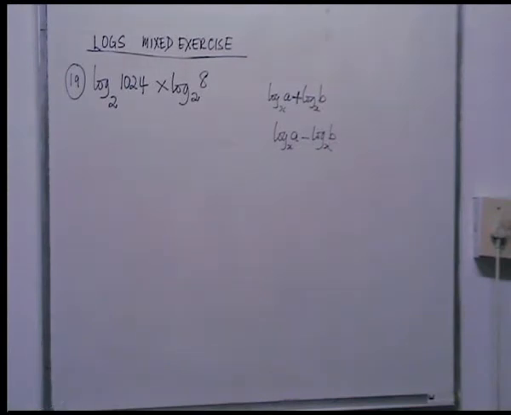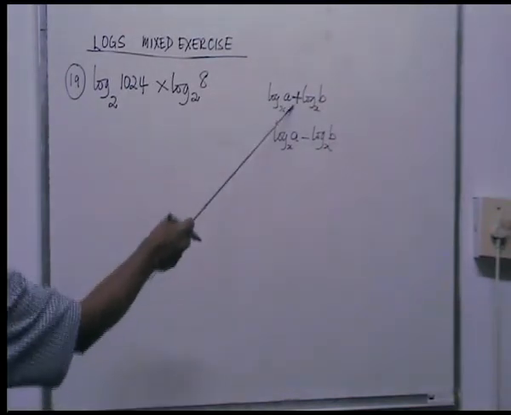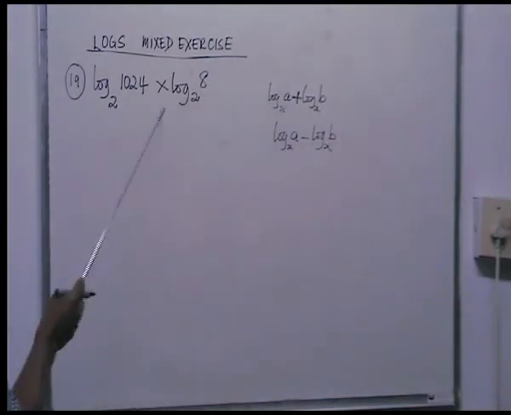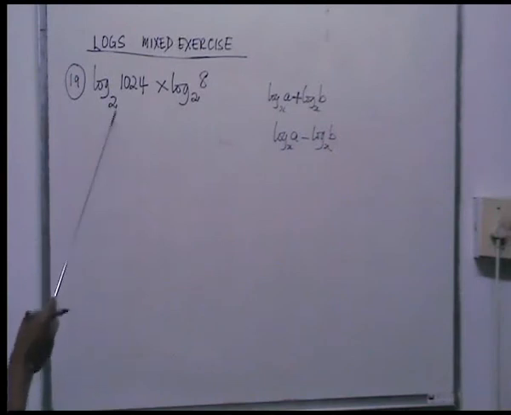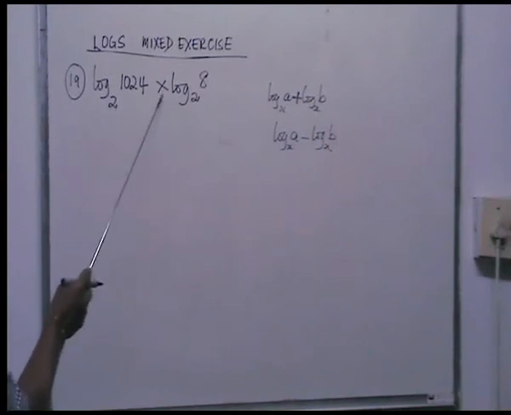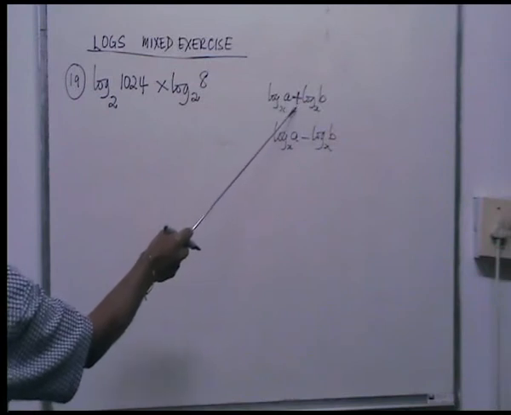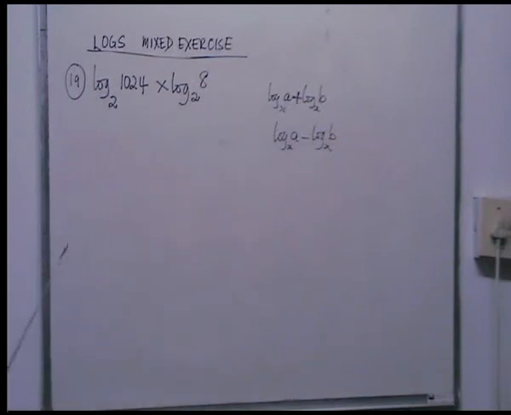So don't get caught in the trap. You can't use that law because there's a multiplication sign here. All of the bases are the same, but there's a multiplication sign, not a plus sign. So once again, use your common sense and your previous knowledge of maths, and you say, right, I can do this on its own, I can do that on its own, get those two answers and multiply the answers.